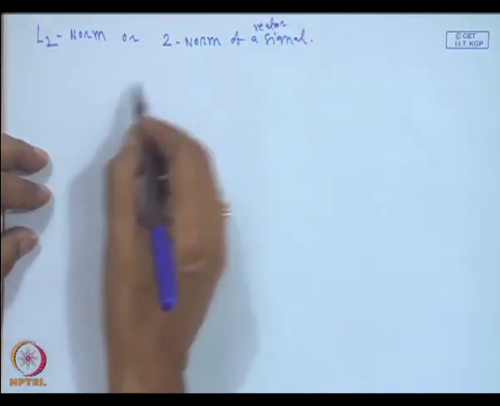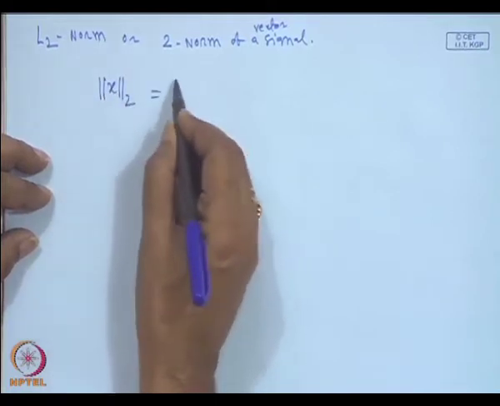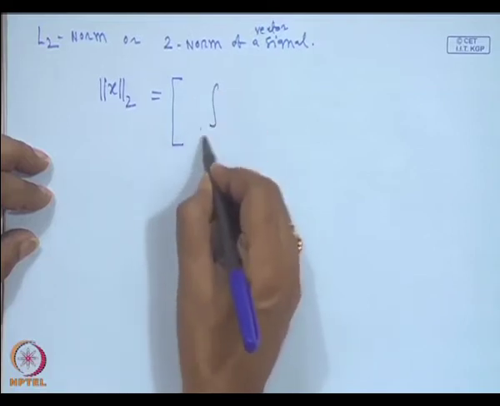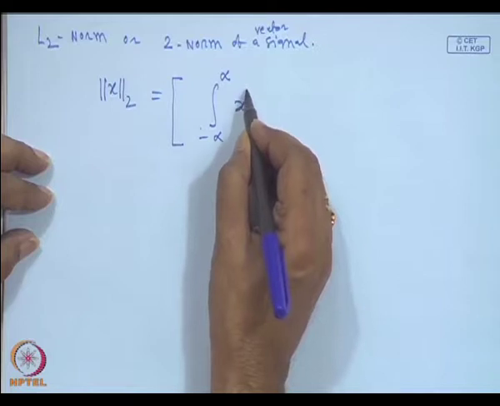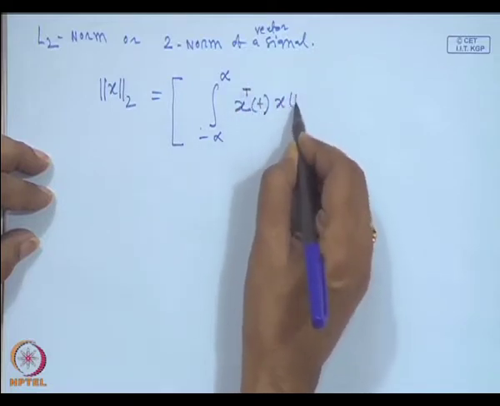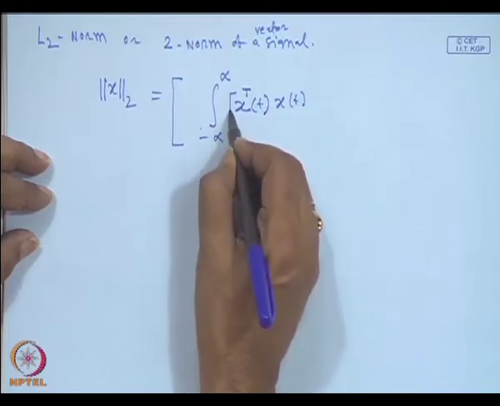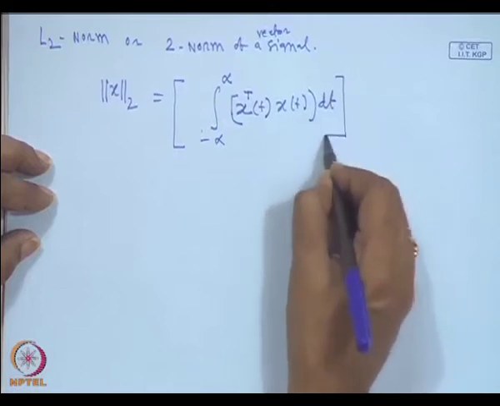So what is this 2 norm? The 2 norm of x is the integration from minus infinity to plus infinity of x transpose of t times x of t, dt, the whole to the power half. Mind that x is a vector.